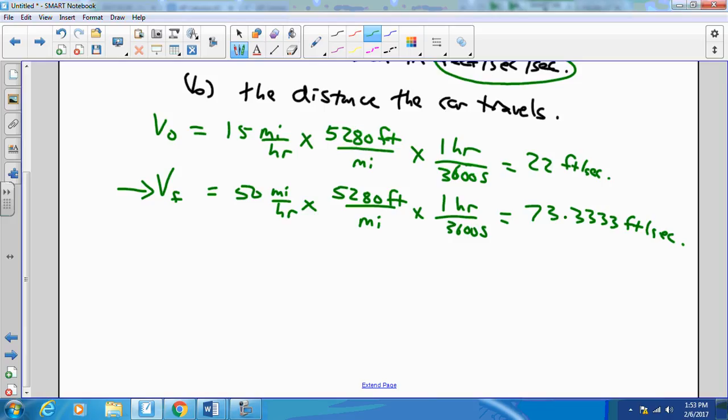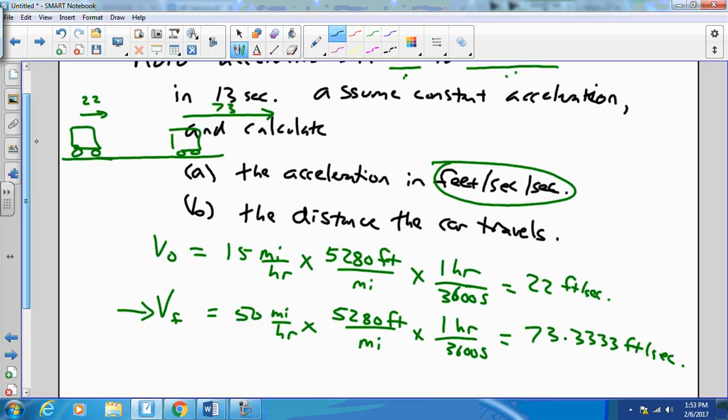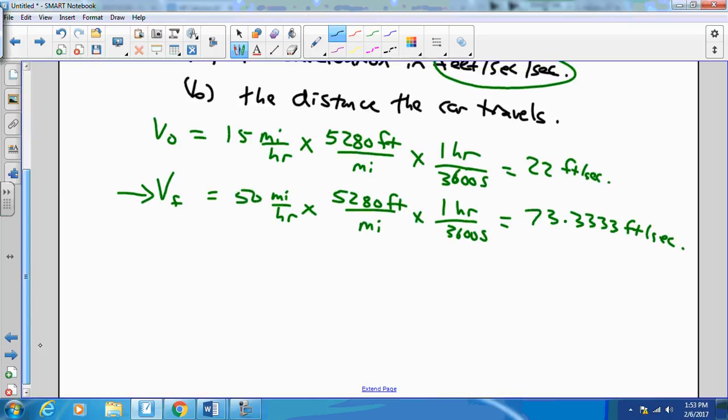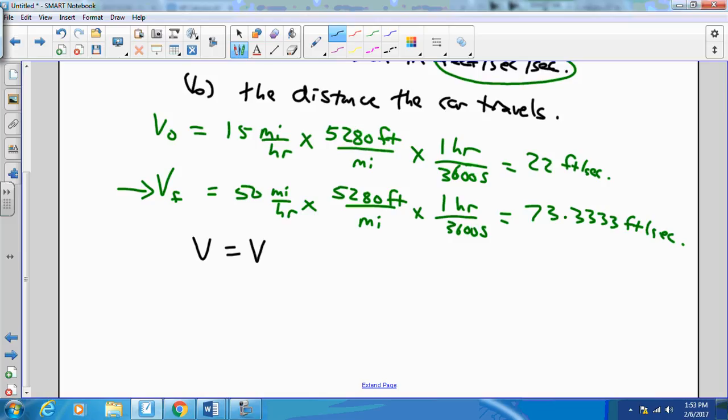All right, so how are we going to think about this? Well, here's the way we're going to think about it. Our car is experiencing a constant acceleration, and so I can use the velocity equation that we derived earlier to say that v is equal to at plus v0.